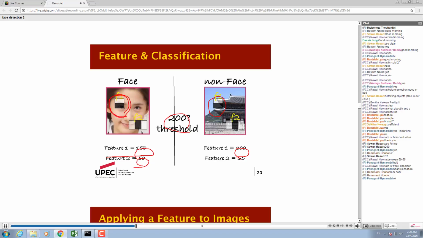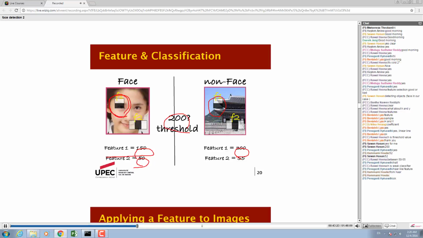This is possible because we know which image is positive and which is negative. If we don't know which one is positive and which is negative, it is impossible to calculate the threshold.